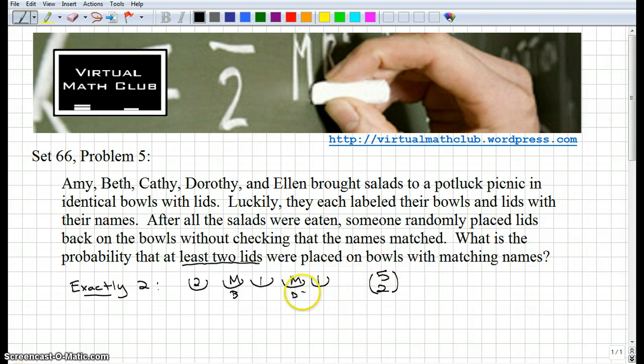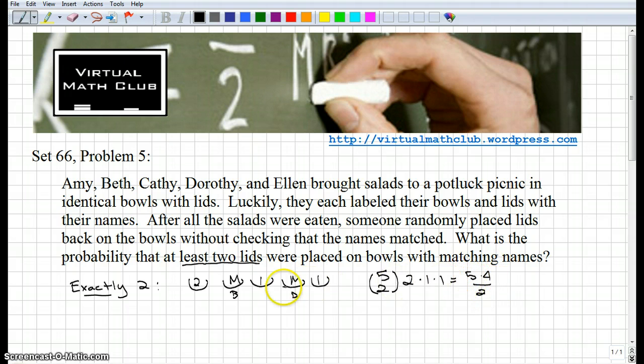Now we can just use our multiplication rule. This is the number of ways that we can choose the 2 to match, and then we have 2 choices for the first of the remaining 3, and then 1 and 1. So 5 choose 2 is 5 times 4 over 2. It's essentially the permutation.